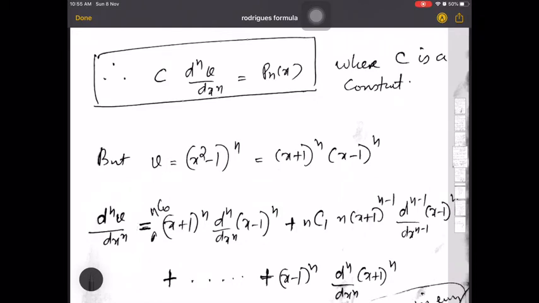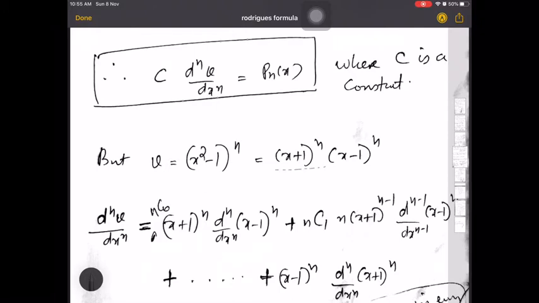Okay, so two functions are here, so we use the Leibniz formula again, and it can be written like this: nc0, we are taking the nth derivative, x plus 1 to the power n, d raised to n by dx raised to n, x minus 1 to the power n.